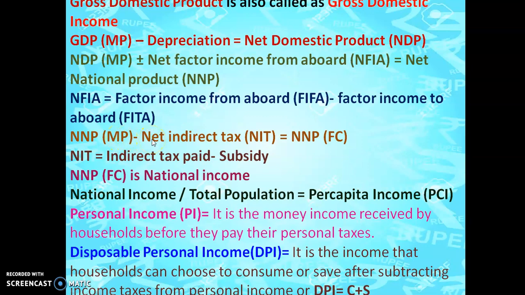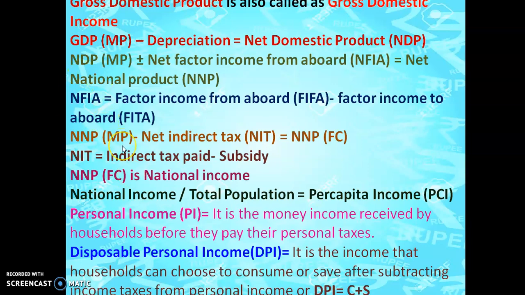Now, from net national product at market price, you are going to deduct the net indirect taxes. What are net indirect taxes? The short form is NIT. NIT is equal to indirect tax paid minus the subsidy. What is market price?